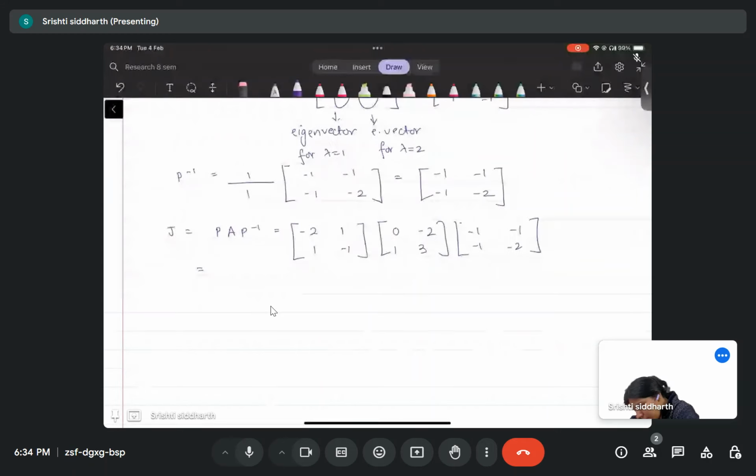This is P inverse AP, which is 2, 0, 0, 1.